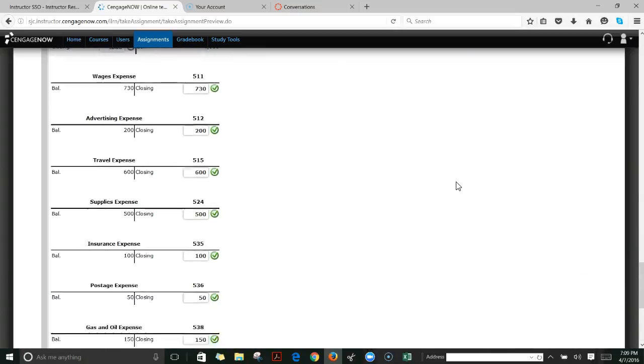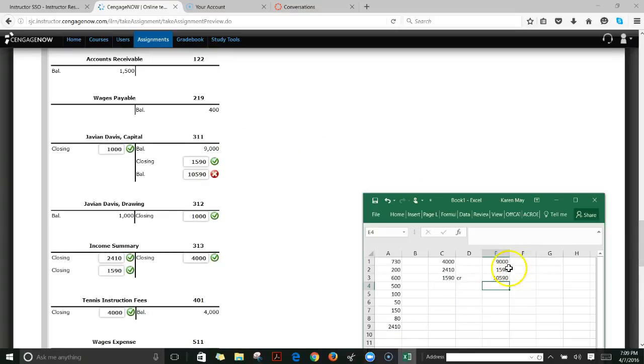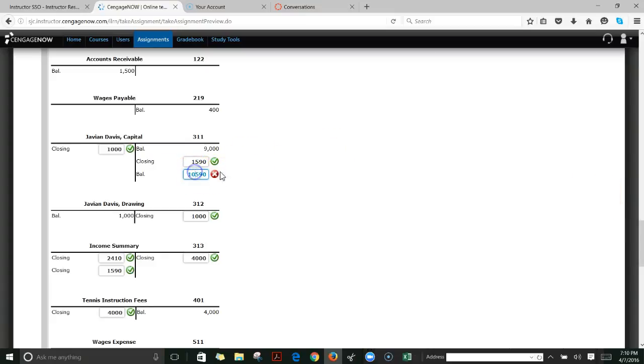Okay, and I have one error here, so I need to look and see why I have that error. I had 9,000 plus 1,590 is 10,590. My closing, let me see if I wrote that down right. I did. Oh, it wanted me to do that after I should have subtracted over here.